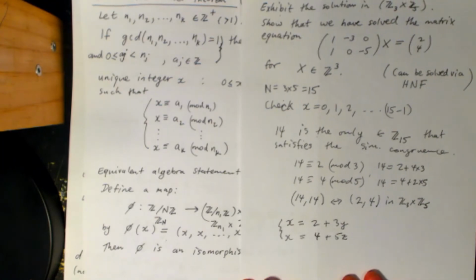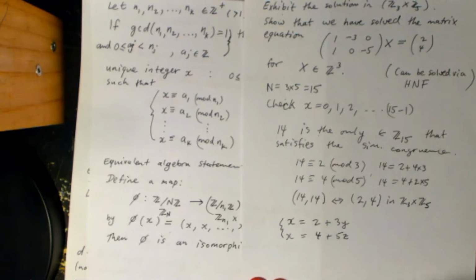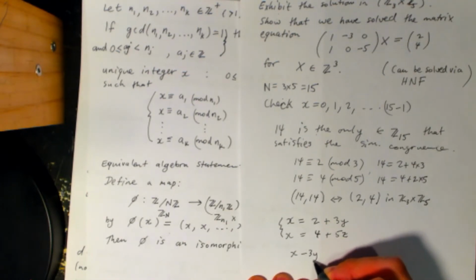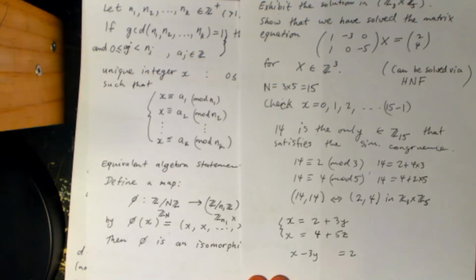Now if we rearrange this, we can write this as x minus 3y is equal to 2, and x minus 5z is equal to 4.